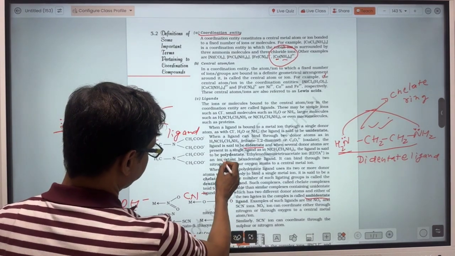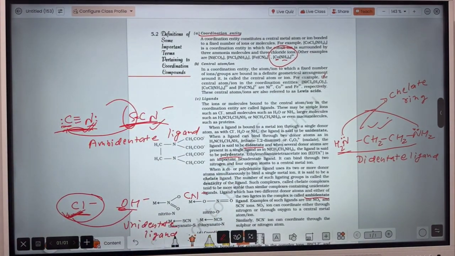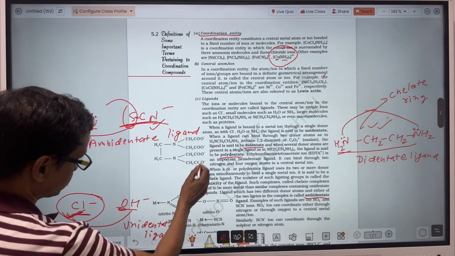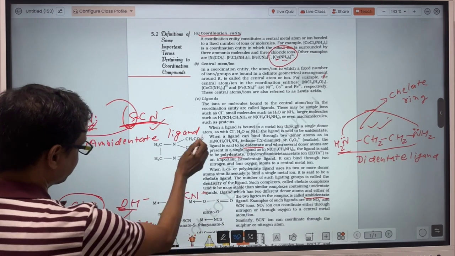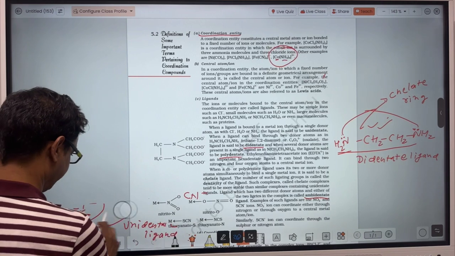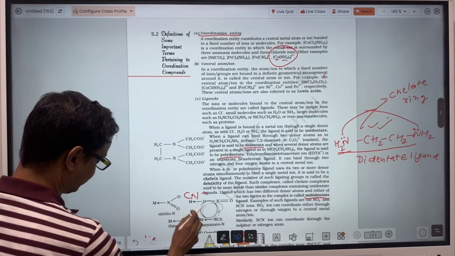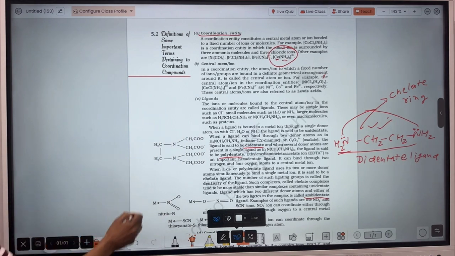Same here, a polydentate ligand. About that we will discuss here. So polydentate ligand, what happened here? Let's see about this compound. I am erasing this so that you can comfortably watch. This ligand is ethylene diamine tetraacetate ion.